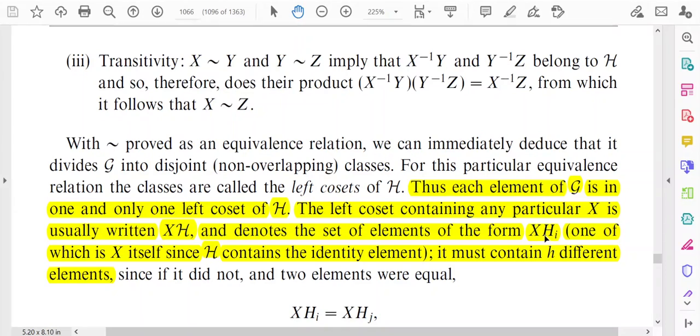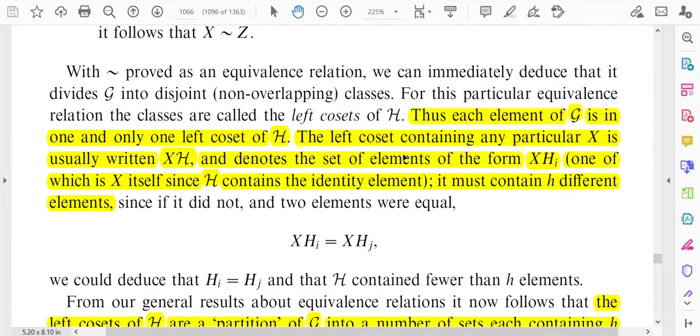So x will be one of its elements, and this capital H must contain a small h number of different elements. The elements must be different. Since if not, and two elements were equal, then we could write that x into Hi is equal to x into Hj, as two elements are equal, and by applying the cancellation law we can deduce that Hi is equal to Hj.